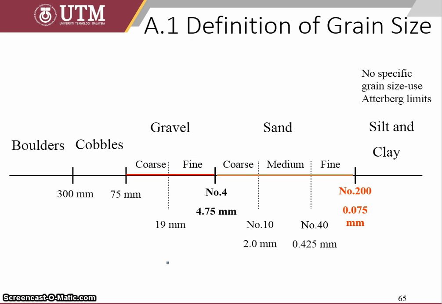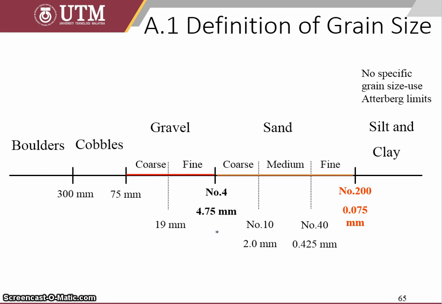note that we have to follow the grain size of the USCS. So number 4, the barrier between the gravel and sand, is equal to 4.75 millimeter, not 2 millimeter as in BS.